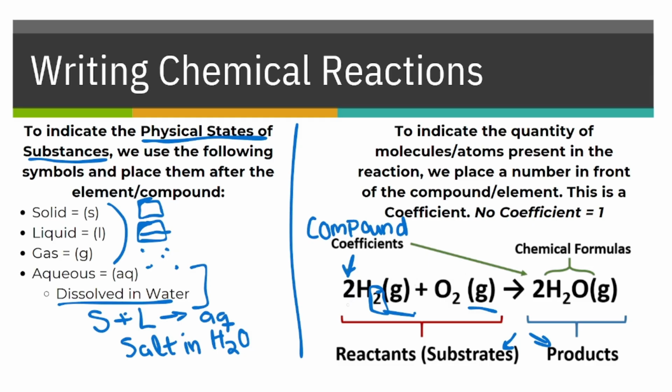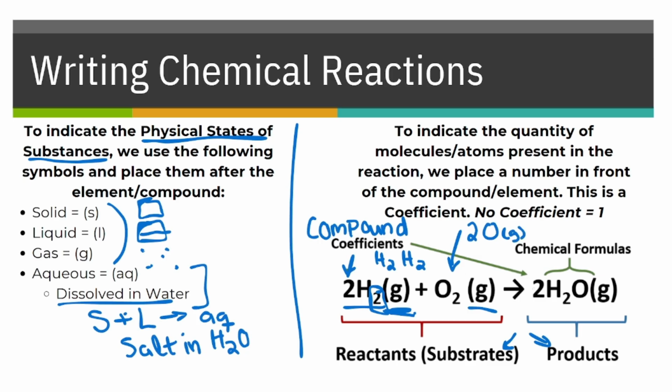So in this case, when I look at 2H2, I recognize I have 2 compounds of a diatomic hydrogen. In this case, I recognize that they are in a gas state, given that they have the parentheses G next to them. I then recognize a second one of my reactants as a diatomic molecule of oxygen. So in this case, I have two oxygen atoms, in this case in a gas state.